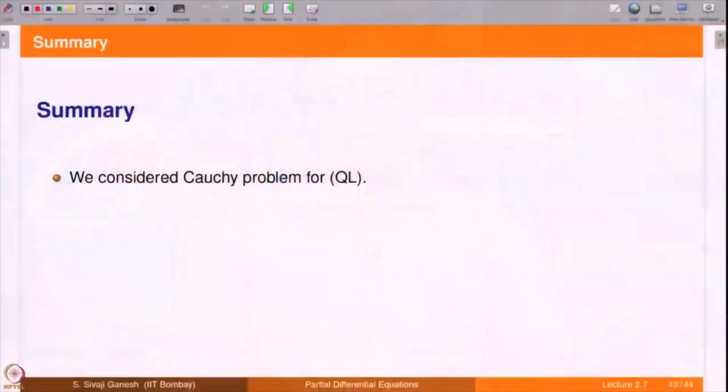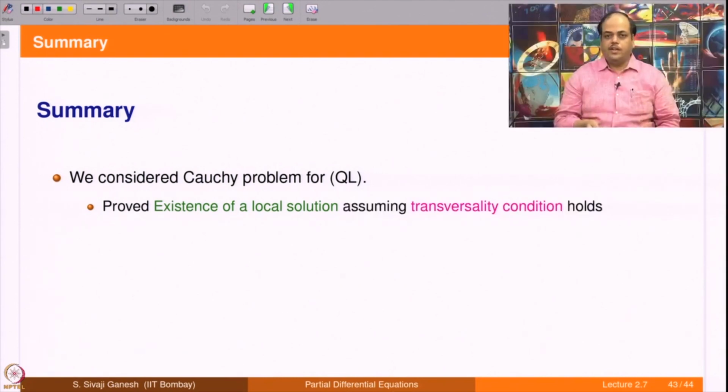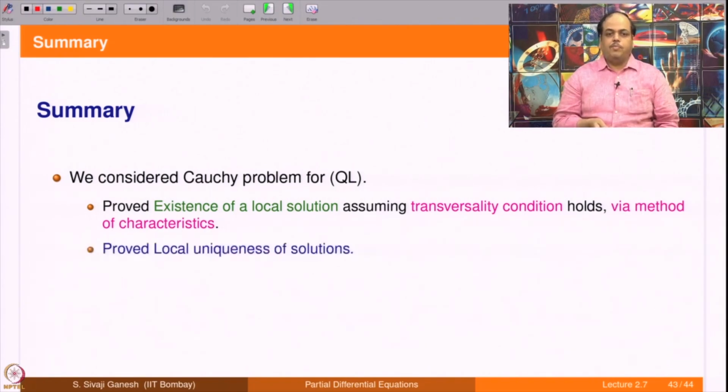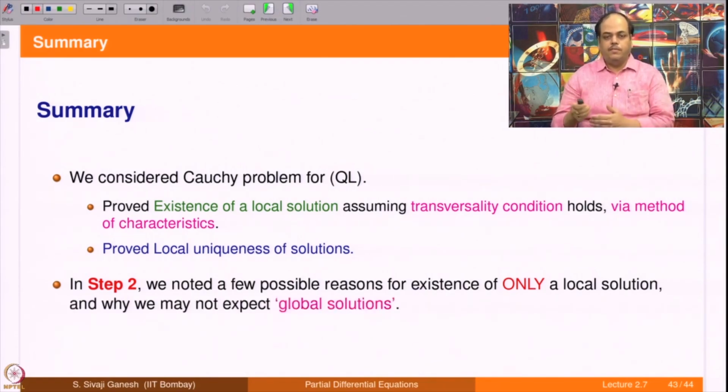The summary is that we considered the Cauchy problem for QL, and we proved the existence of a local solution via the method of characteristics, assuming the transversality condition holds, no more assumptions. We proved local uniqueness of solutions, and in step 2 we noted a few possible reasons for existence of only a local solution, which will be seen in the next lectures, and why we may not expect global solutions.